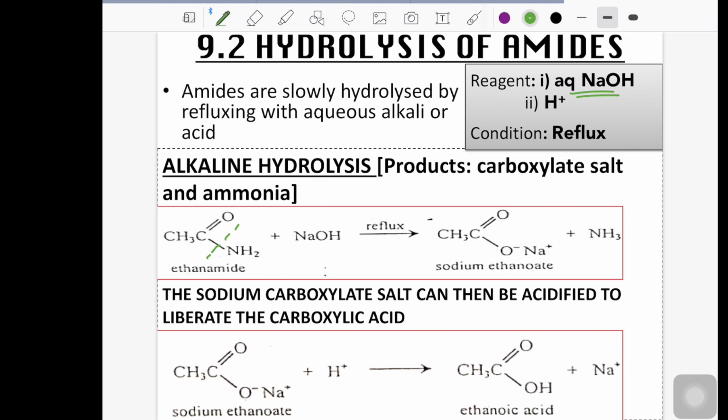So you break down the C single bond N. One side you will get the carboxylic acid, the ethanoic acid, and the other side you get amine. I know you only have NH2, but there's also another hydrogen, because otherwise it will not be complete.